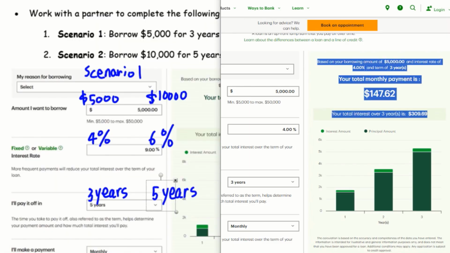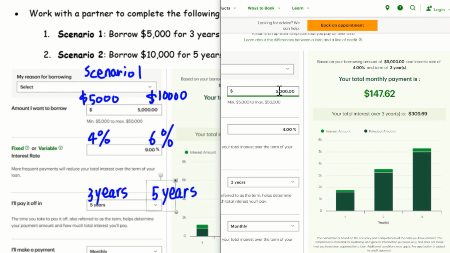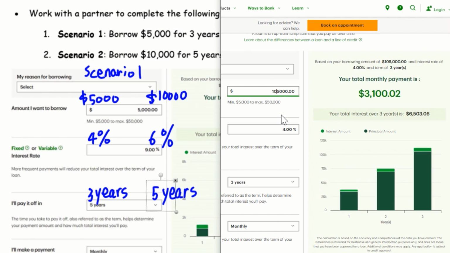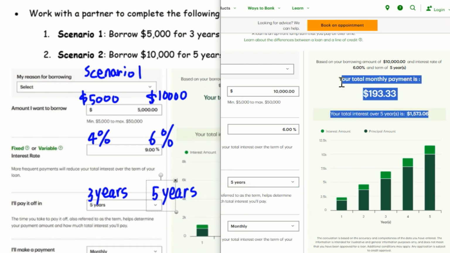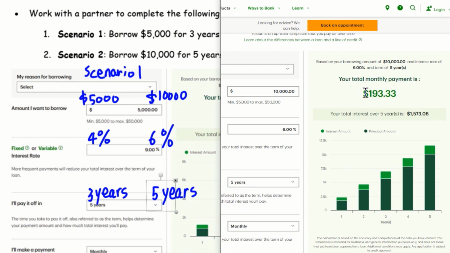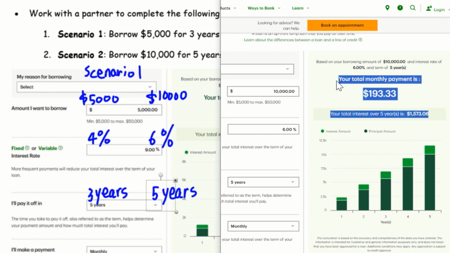Now we change this one to 10,000, and now it is 6%, and 5 years. On the right side, you will see your monthly payment is $193.33, and the total interest over 5 years is $1,573.06.